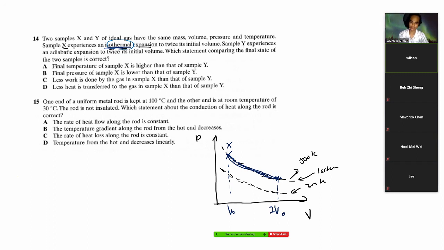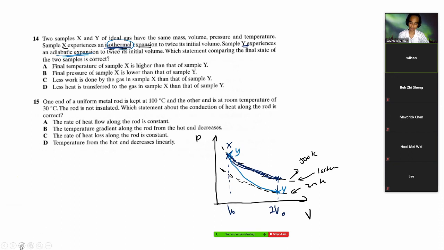Meanwhile, Y explains adiabatic expansion. Adiabatic can go to another curve, I mean another temperature. Both X and Y have the same initial point, but when Y increases in volume, it can go to another curve this way, so we have Y at the bottom.